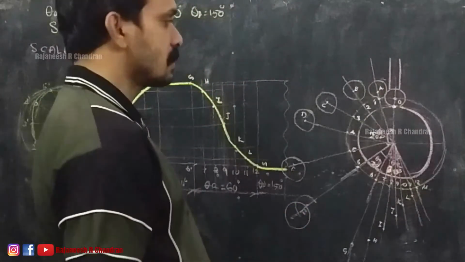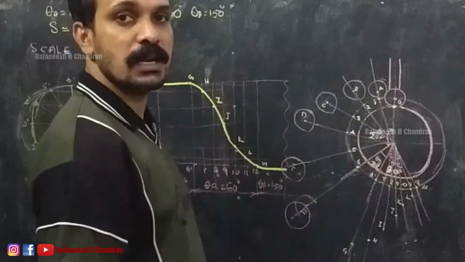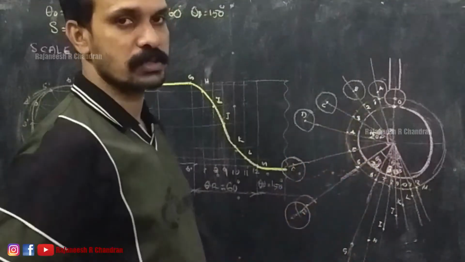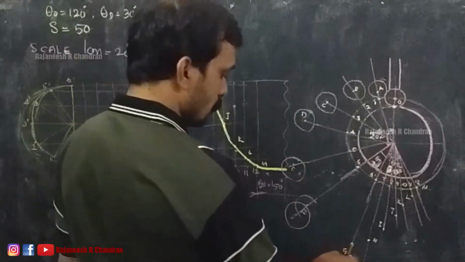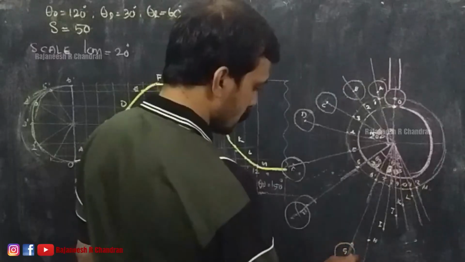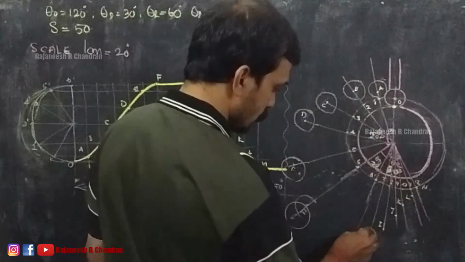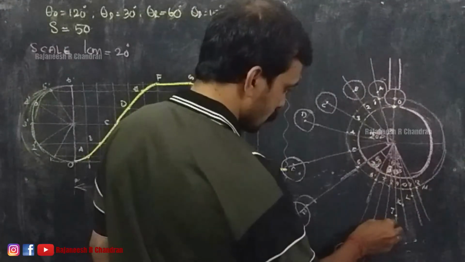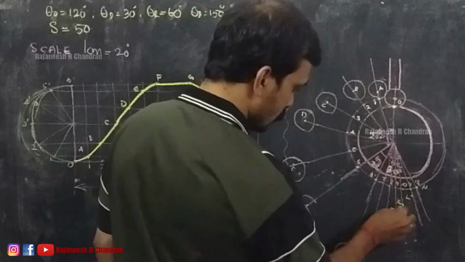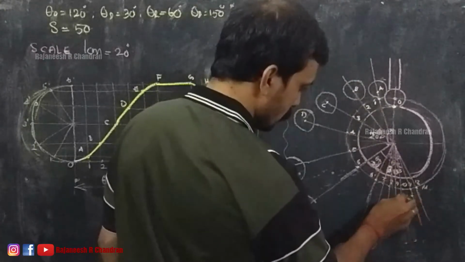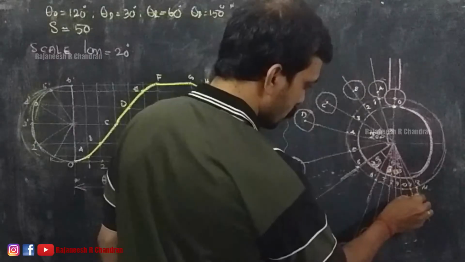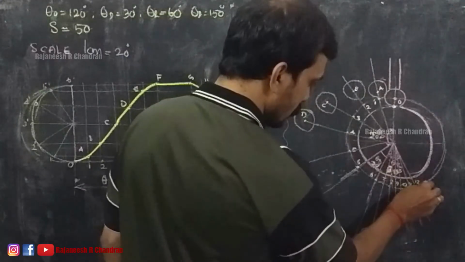So the best thing is you can use the prime circle, and with the help of the prime circle you can draw this. Now this is G, so through G roller, through H draw a roller, through I, through J, through K, through L and through M.